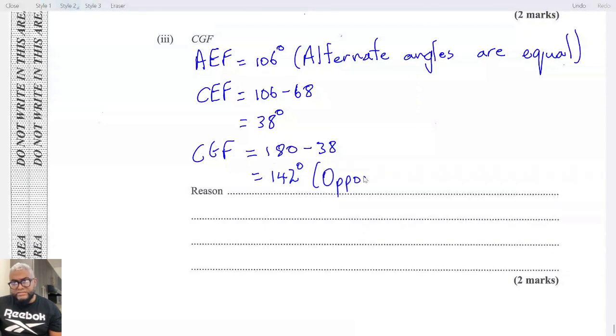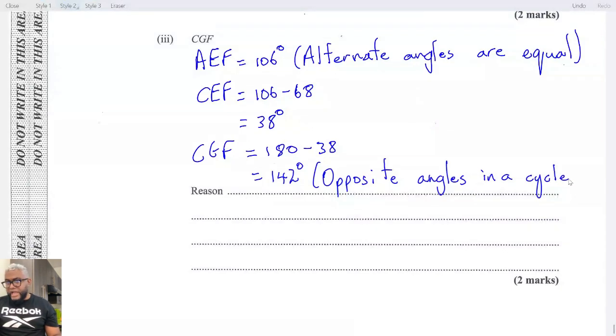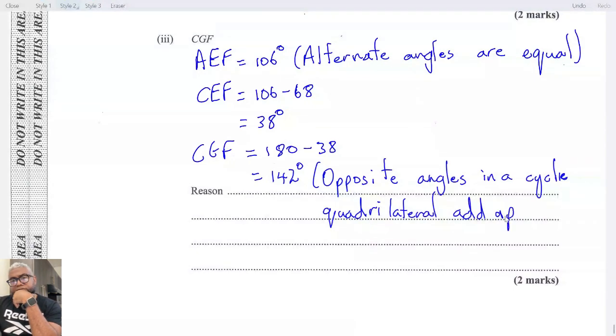And the reason here would be opposite angles in a cyclic quadrilateral add up to 180 degrees.